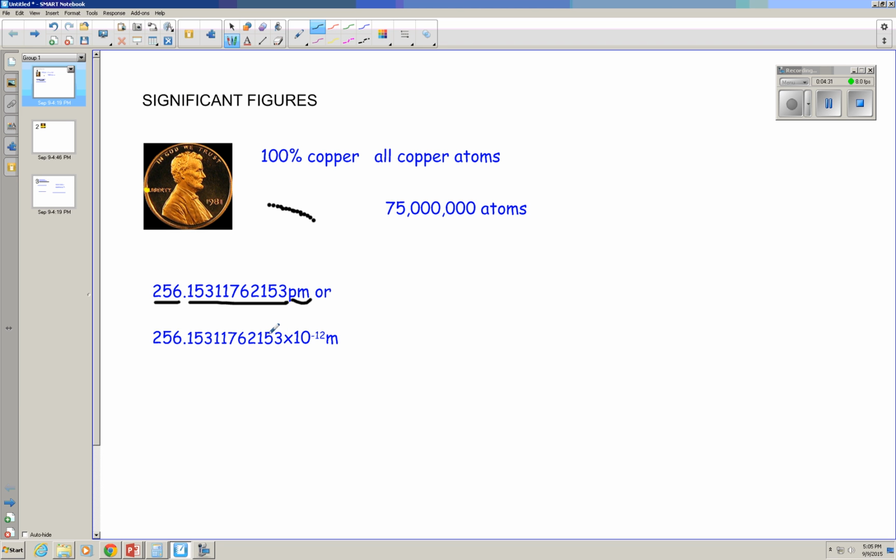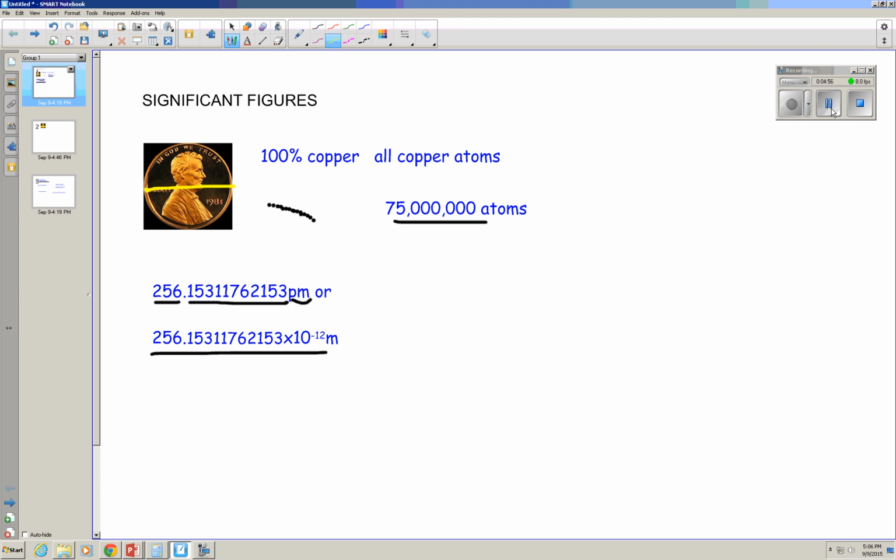Listen to this. If this penny is made of nothing but copper atoms stacked one next to the other, there's 75 million of them, and each atom has this diameter. Can't I take these two numbers and multiply them to calculate, not measure, calculate the exact length of this penny from this side to this side?